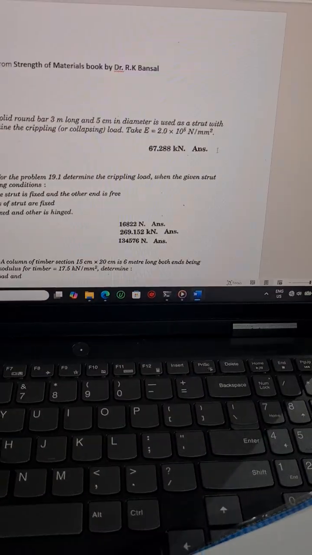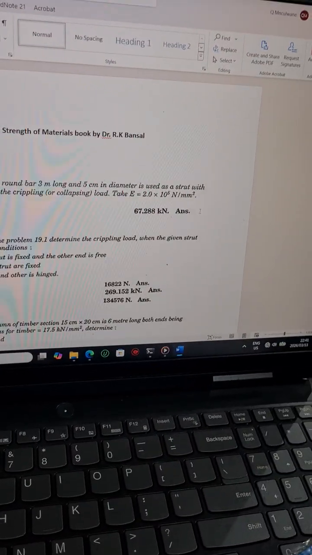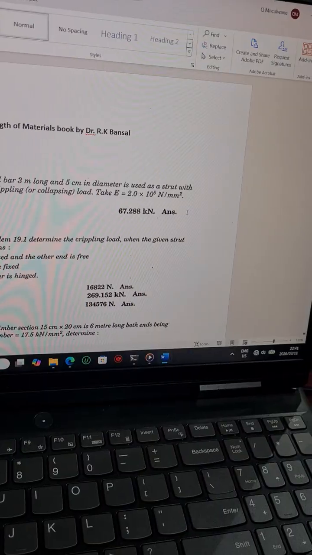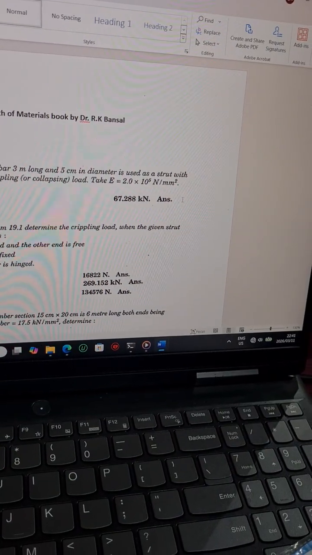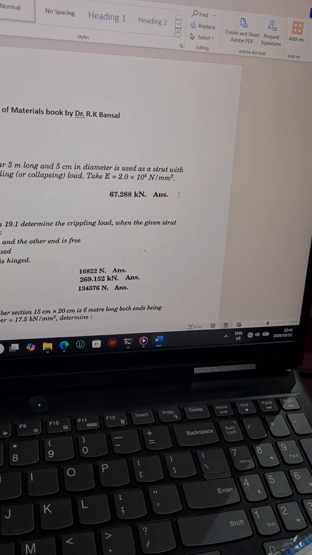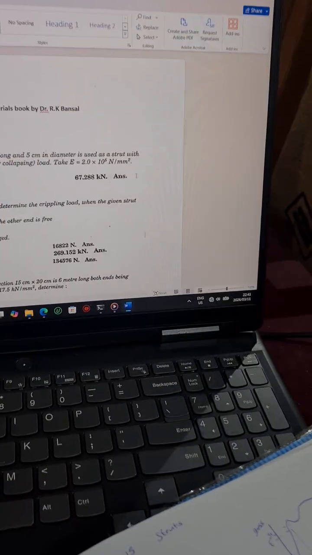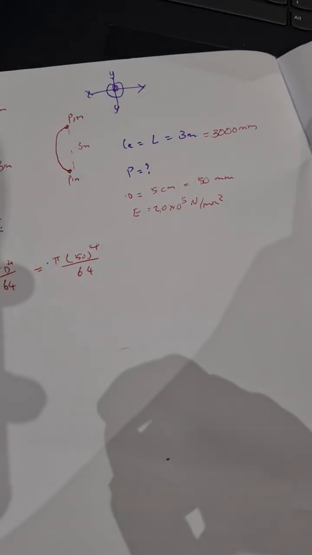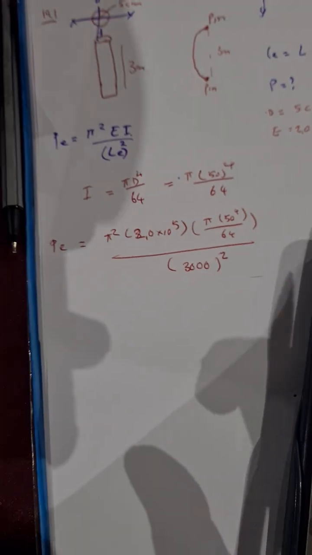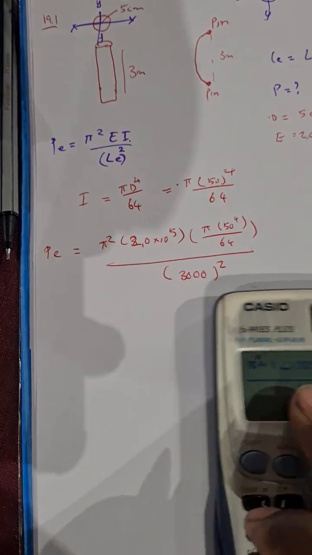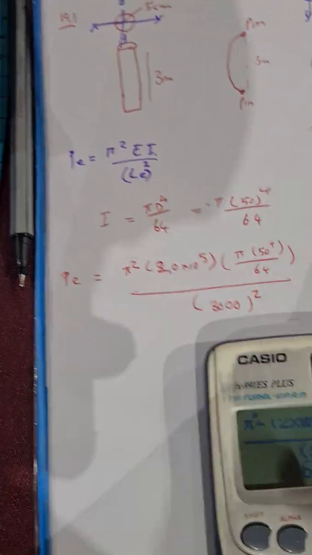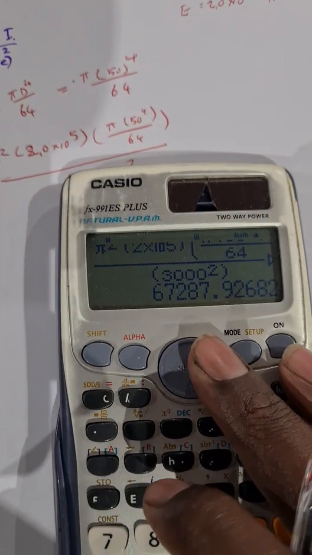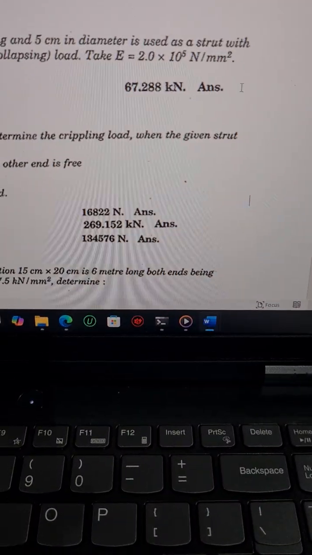Then P_e is just equal to, in this case we are given E is equal to 2.0 times 10^5 Newton per millimeter squared. That's why I was using millimeters. So let's substitute. I've just calculated it. Notice, I get the same answer.